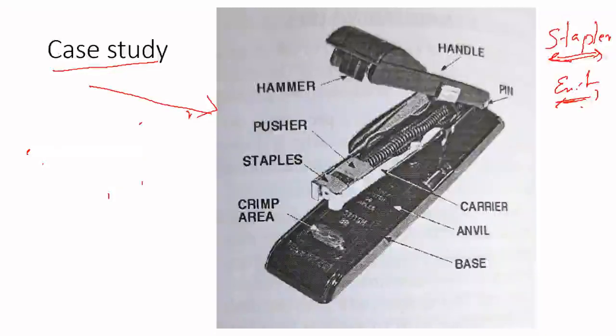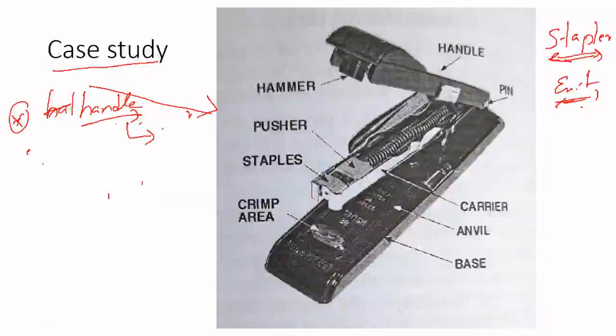So what will be the structure of the basic stapler which you are using? The handle of the stapler can handle only the small pins. For bigger pins we used to have some other bigger stapler. So this is the problem actually.